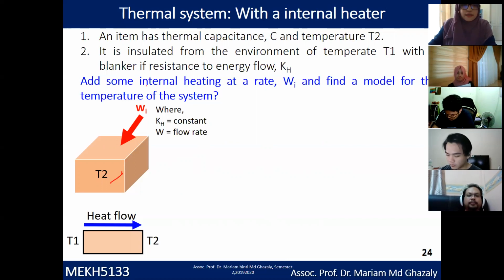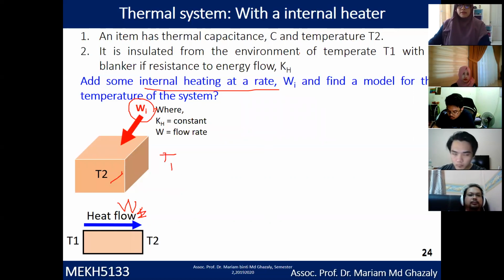We are going to add some external heating at rate W. So the heat flow here is W. You have T1, the environment temperature outside, and T2.